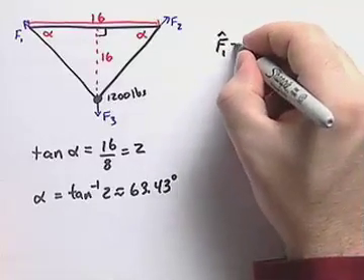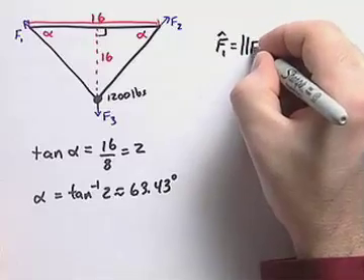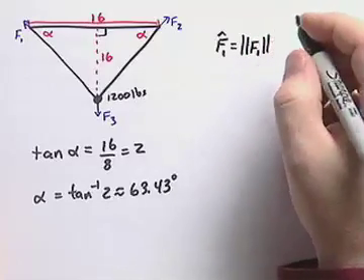The three force vectors in the problem can be written as F1 is equal to the magnitude of F1. Now that we've determined the angle alpha, we can go ahead and write down our force vectors. We want to write down our force vectors broken into their horizontal and vertical components.